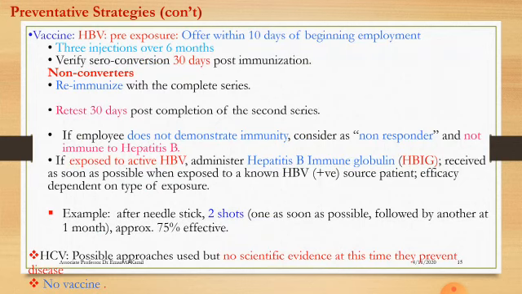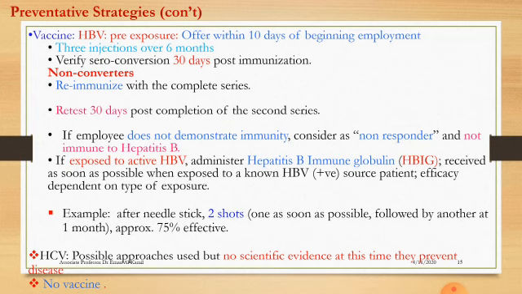The pre-exposure, as we mentioned previously: every individual who is going to start work as health personnel should have his immune status tested before he starts his work. So if he is not immune against hepatitis B, he should be offered the hepatitis B vaccine 10 days before the beginning of his employment.